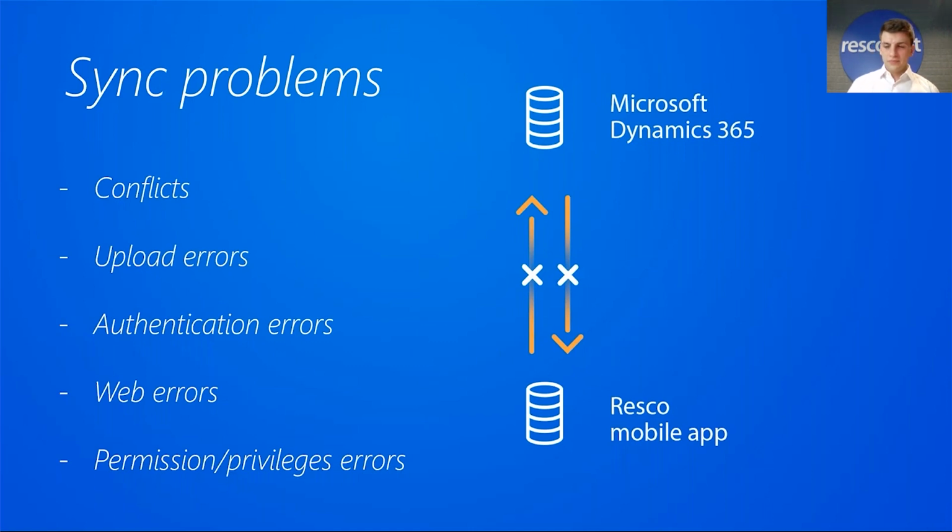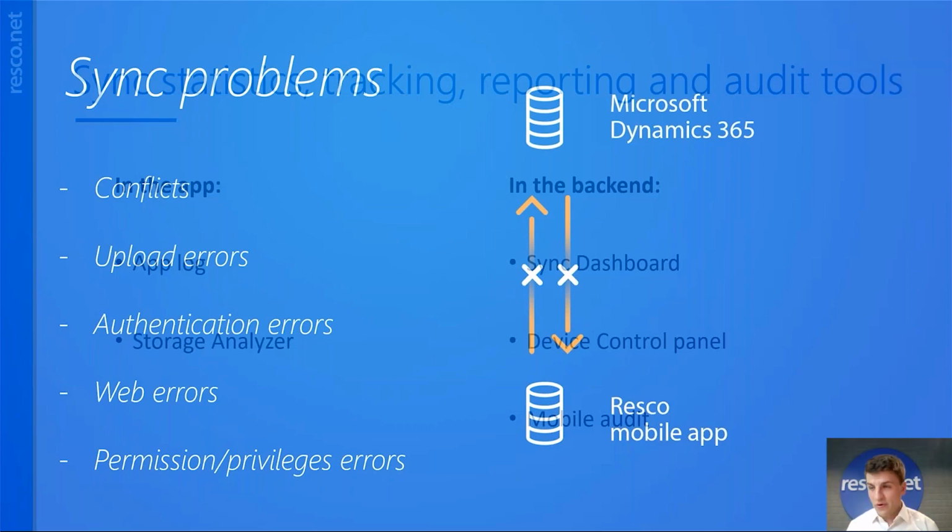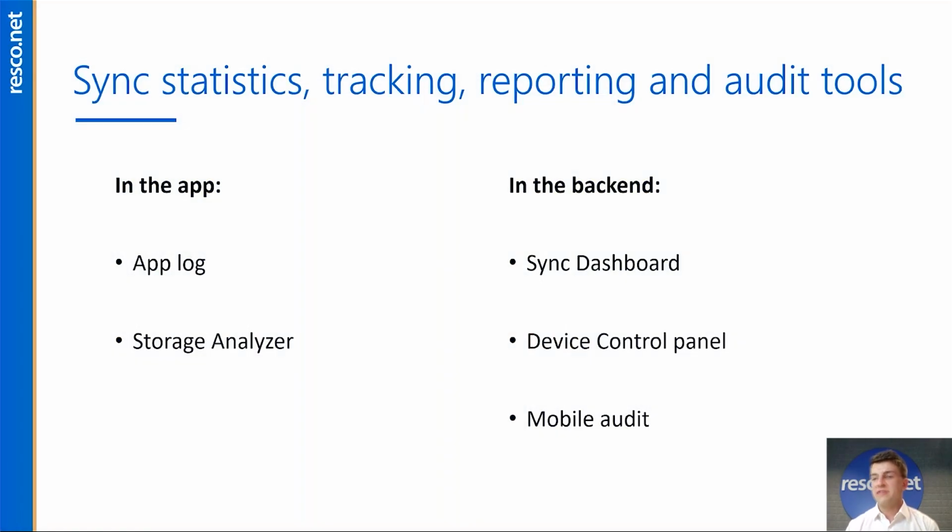And then the question is, how can the admin be notified about such errors, or even the user, the technician, how he will know about them, and what can be done if such error happens, to investigate the reasons why it happened, and to make sure that it will not happen in the future again.